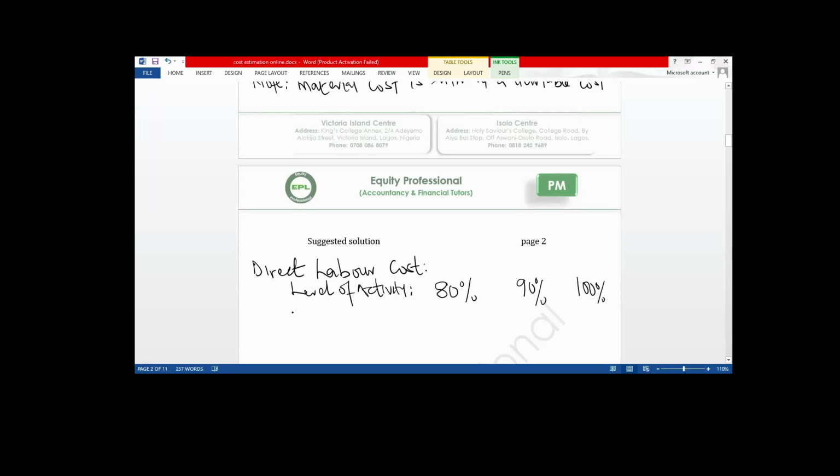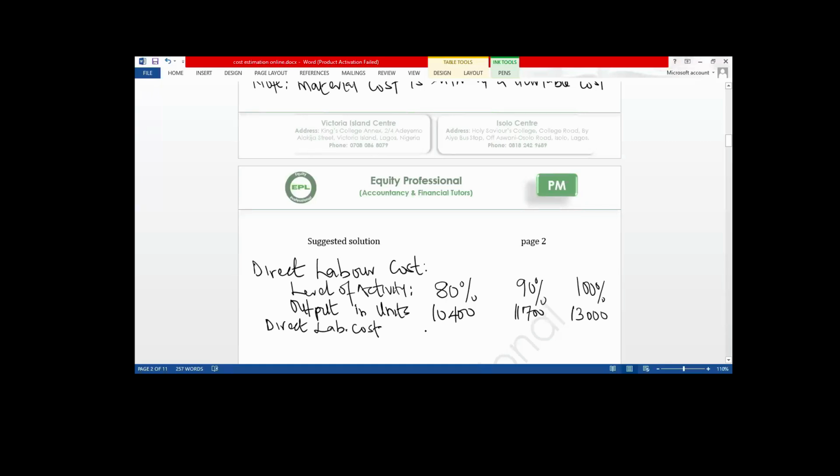Then we have outputs in units: 10,400 units, 11,700 units, 13,000 units. Then pick your direct labor costs.